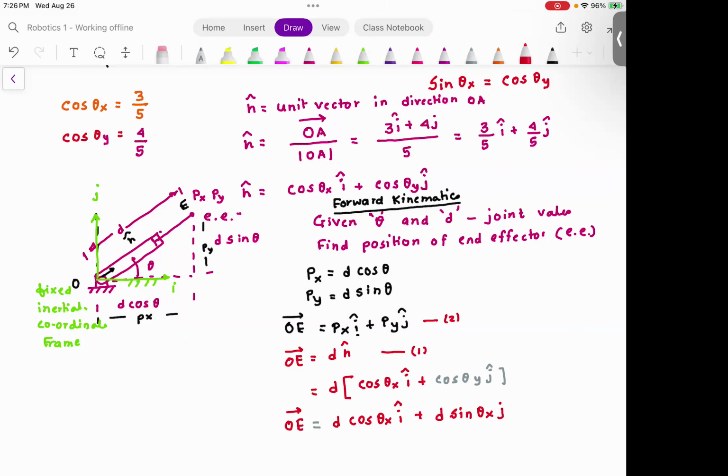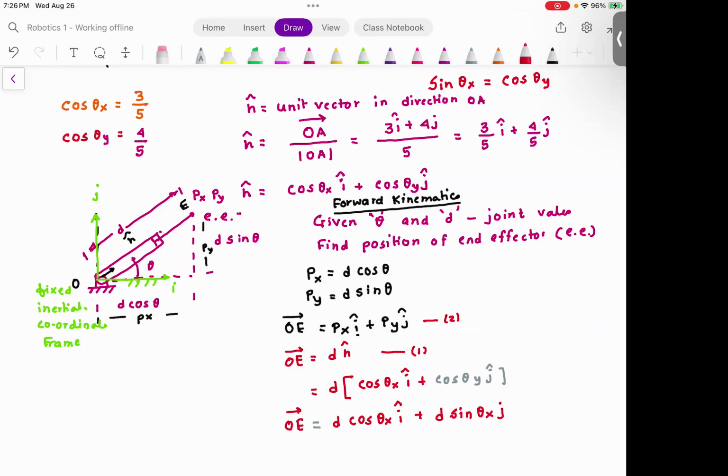These links are going to move, which means the coordinate frames are also going to move. I want to understand the relationship between the first frame and the frame that is moved, or the second frame. So you need to understand how the coordinate transformation takes place.